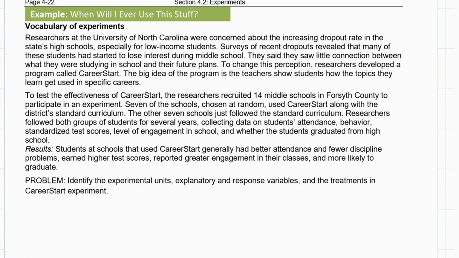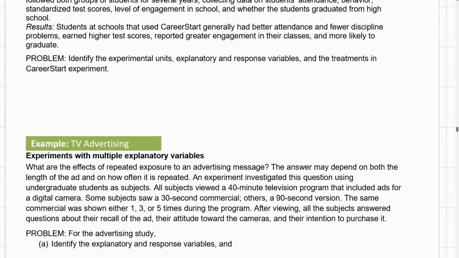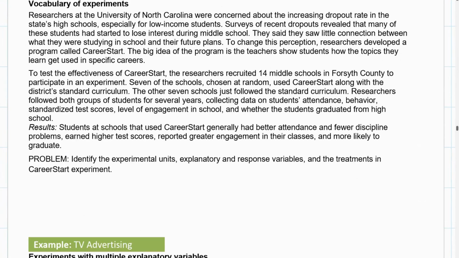Problem: identify the experimental units, explanatory and response variables, and treatments in the Career Start experiment. So first of all, the experimental units in this case I believe to be the middle schools, in particular in Forsyth County.